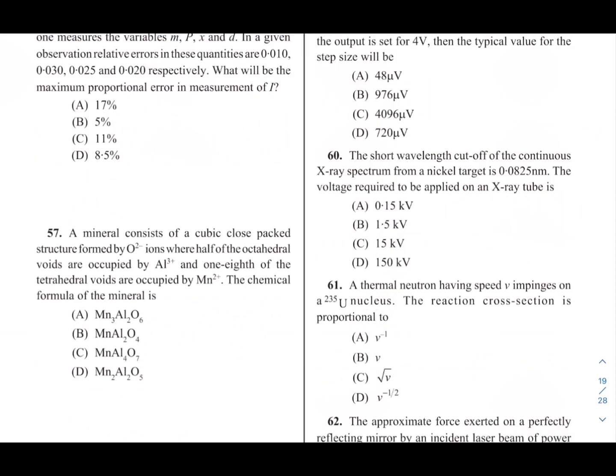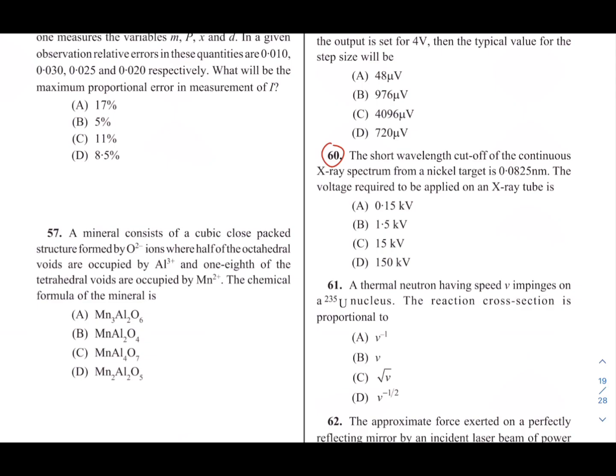Problem 60. The short wavelength cutoff of the continuous X-ray spectrum from a nickel target is this many nanometers. The voltage required to be applied on the X-ray tube is what? So remember that when the energetic electrons hit the nickel target, X-rays are produced. So when the wavelength of the X-ray is minimum, those are the X-rays with maximum energy.